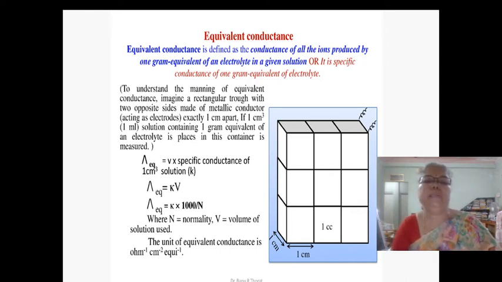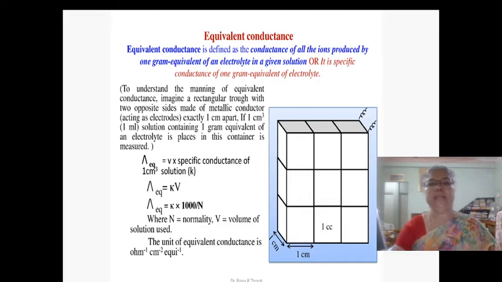Then the next term here is equivalent conductance. Equivalent conductance is defined as the conductance of all the ions produced when we dissolve 1 gram equivalent of an electrolyte in a given solution. Or alternatively, we can define equivalent conductance as the specific conductance of 1 gram equivalent of electrolyte.